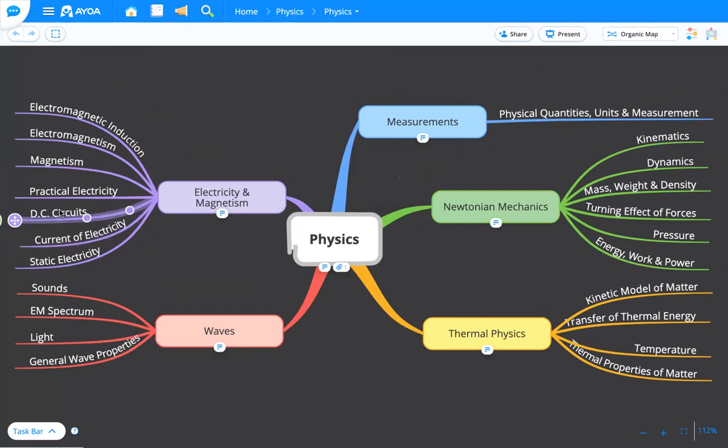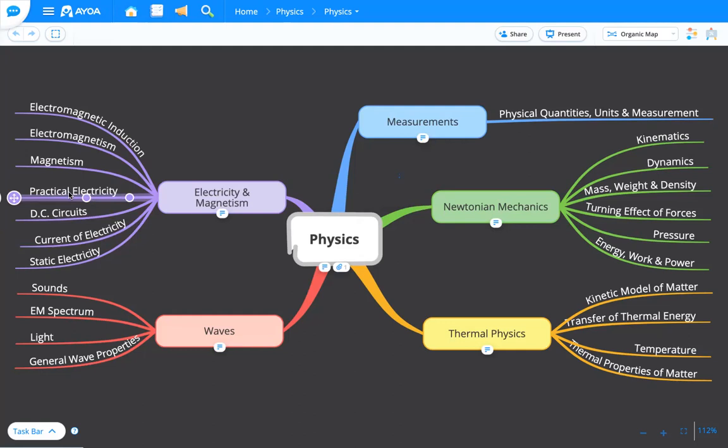DC circuits. Among these 7 purple topics, I find this topic will be the most fun because you get to actually create circuits yourself. We'll be doing DC circuits from today. After this, we talk about practical electricity. The word practical sounds more useful than DC circuits, right?